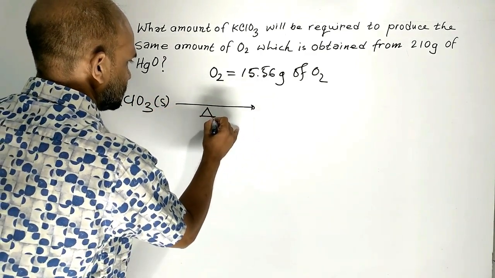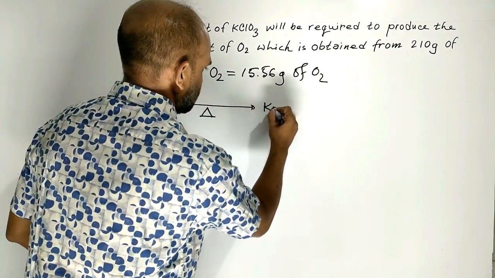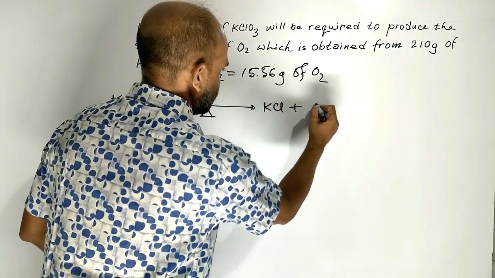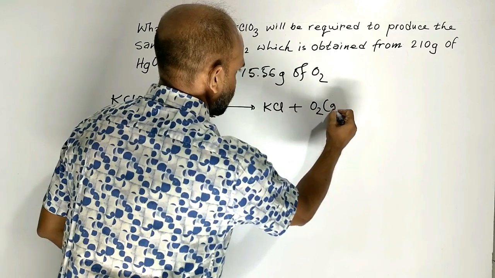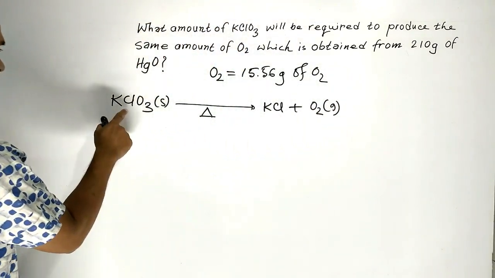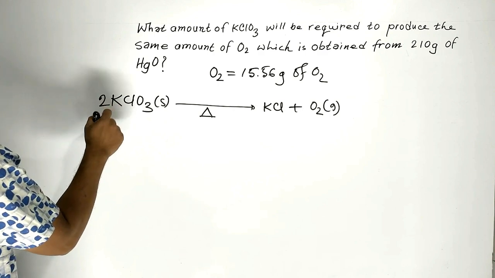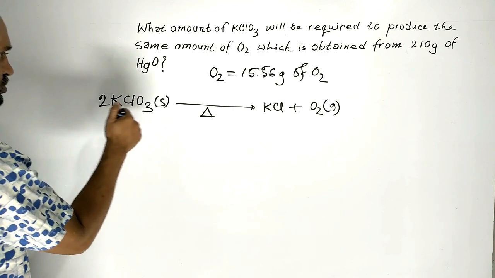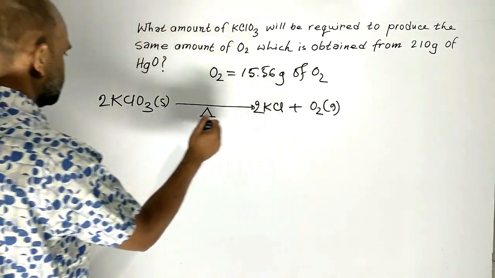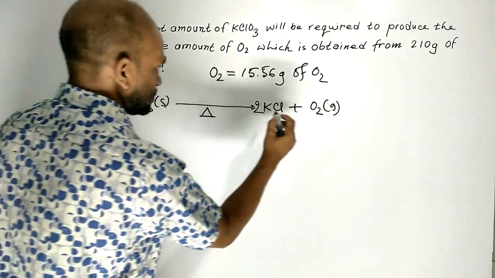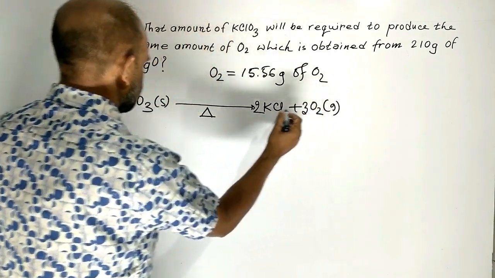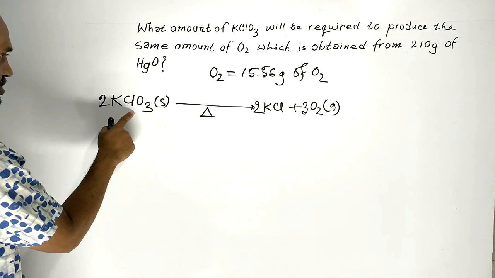is heated, then potassium chloride and oxygen gas are formed. Here the balanced reaction is: 2 potassium chlorate gives 2 potassium chloride and 3 oxygen, with 2 potassium atoms and 6 oxygen atoms. This is the balanced reaction.